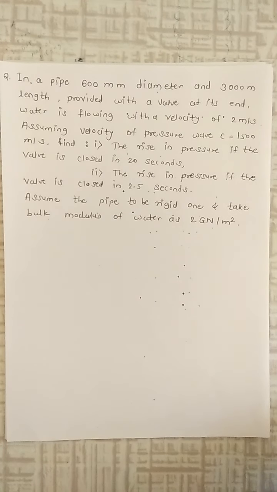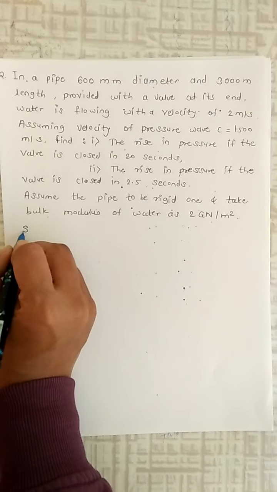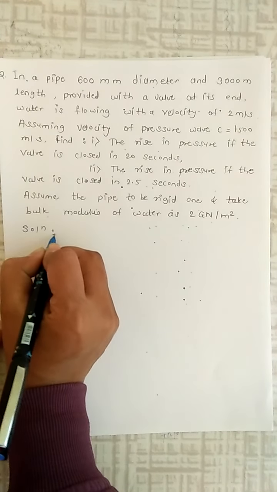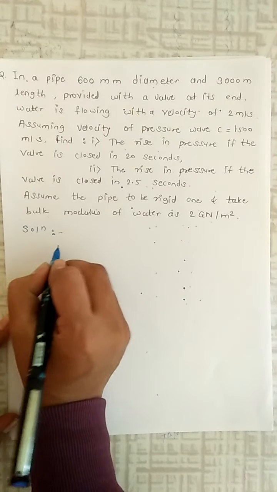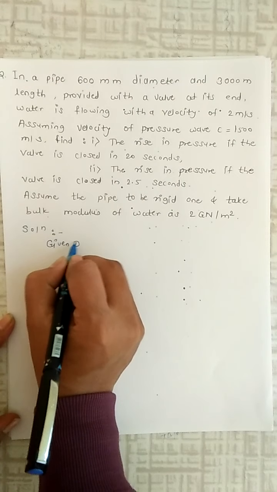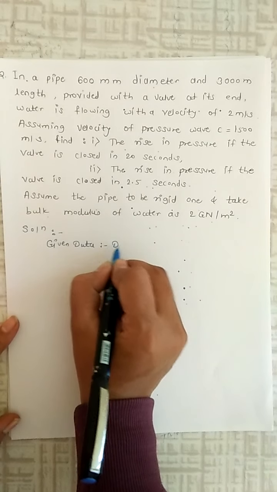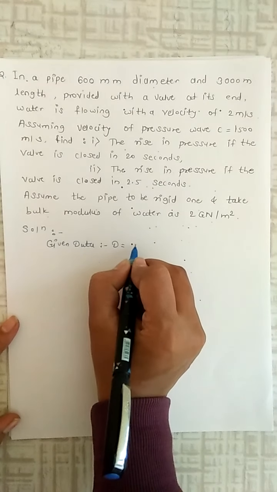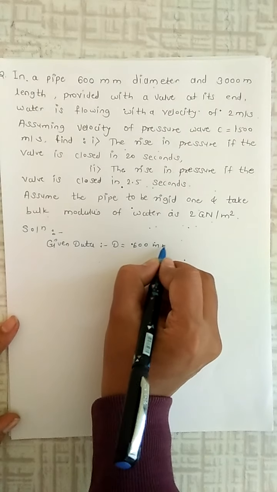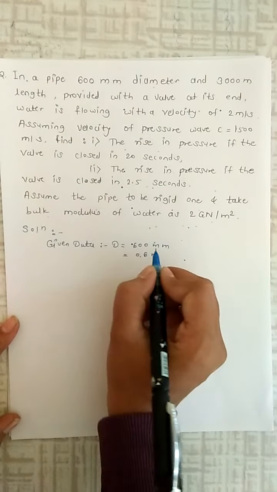So, let's start with the solution. First of all, we write what is given in the problem statement. So, we write here solution, that is given data. They gave the diameter of the pipe, that is 600, in meter we convert it to 0.6 meter.